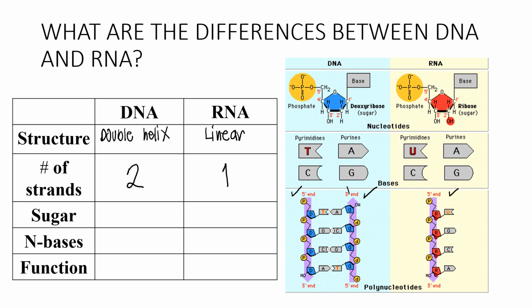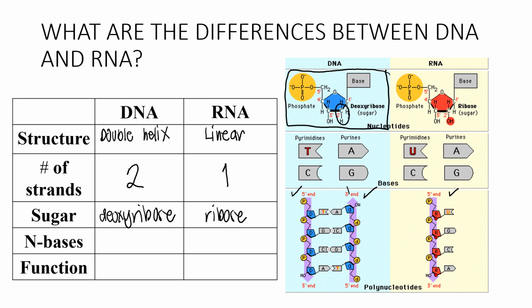In terms of sugar, we have deoxyribose for DNA and ribose for RNA. So you can see here the difference in sugar. Deoxyribose at C2' lacks that oxygen, and for ribose, it has that oxygen atom.